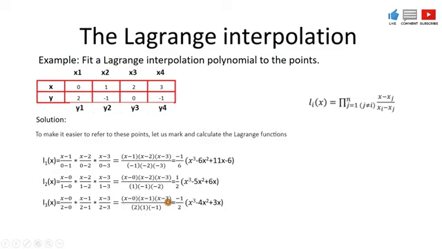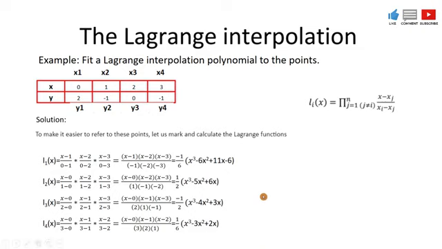By more simplification, we get minus 1 over 2 as the result of the multiplication of the denominator, and x cubed minus 4x squared plus 3x as the multiplication of the numerator. The last one is the fourth Lagrange function.